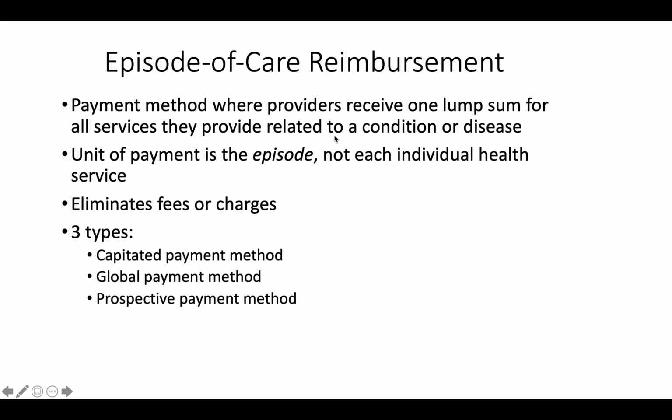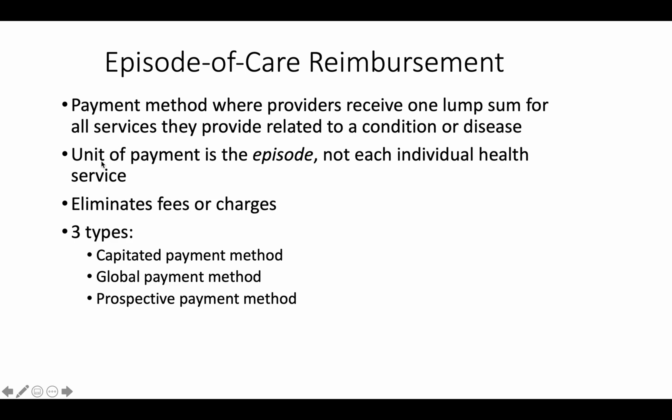So if a patient is admitted to hospital for appendicitis, the hospital receives a total amount of money that covers the entire service, regardless of what is really done. They don't charge for each blood test or for each imaging study. There is only some amount of money that is given to the hospital that provides this service.